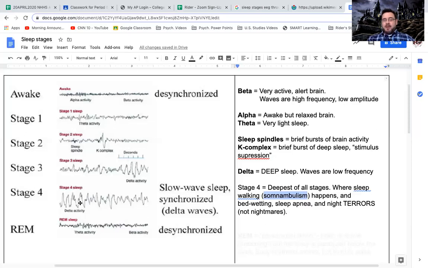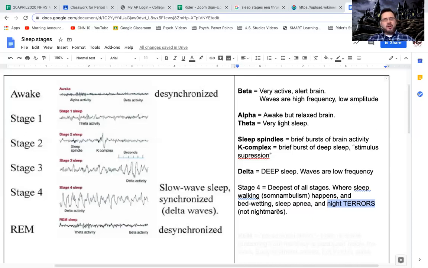Okay? A similar but different thing would be night terrors. Night terrors happen in stage 4, not nightmares. Nightmares are very vivid, scary, horrible dreams. We don't have very vivid dreams in stage 4. That's coming in a little bit in something I'll explain.